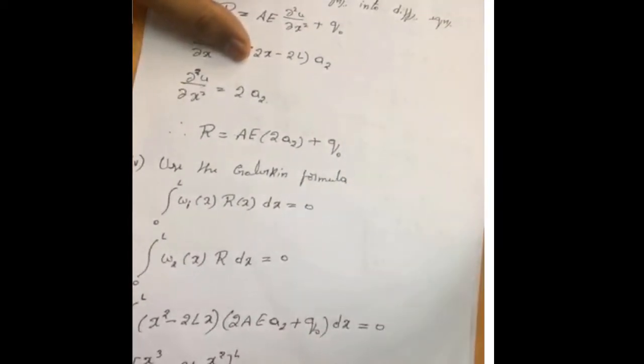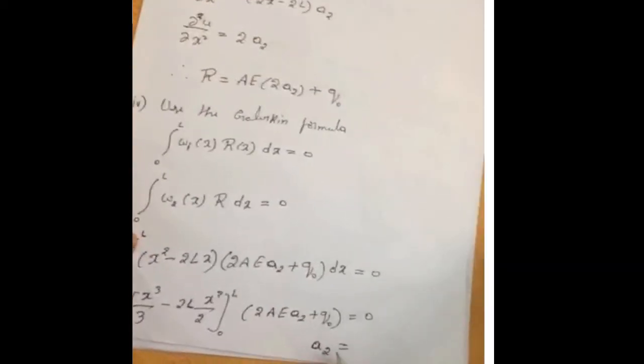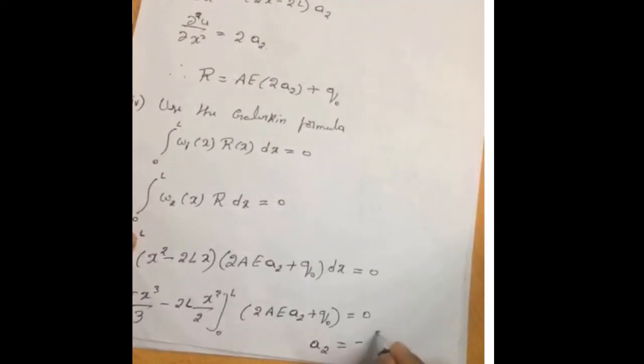From this we can find a2. Therefore a2 is equal to minus q naught divided by 2AE.